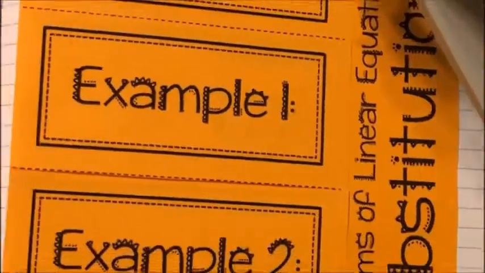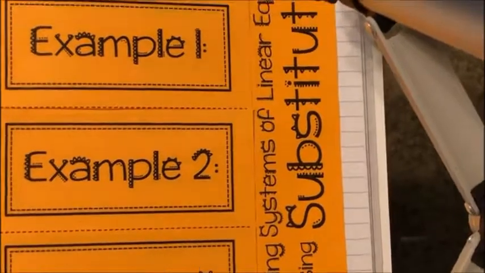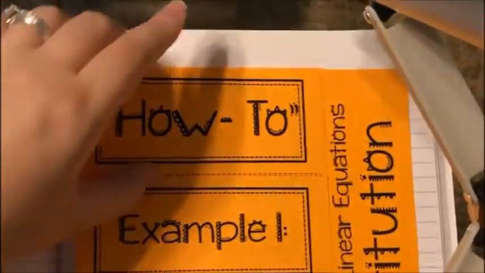You then have this orange foldable over here. Okay. The orange foldable talks about solving systems of linear equations using substitution. So here's the steps, right? How to solve a system of linear equations using substitution.